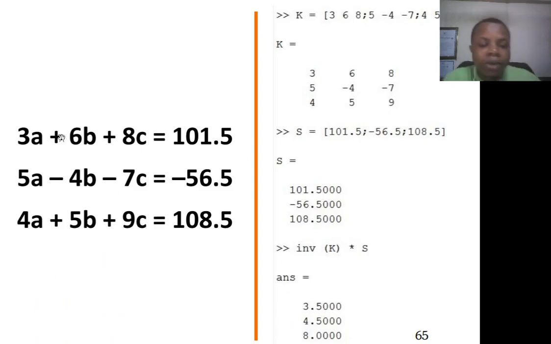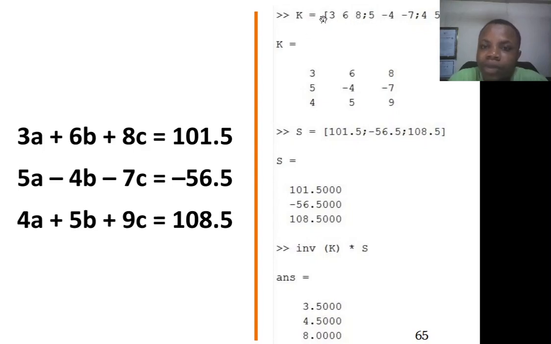Okay, so suppose that we have this matrix or system of equations. You can see that we have 3a + 6b + 8c is equal to 101.5, then the second equation and the third equation. With this, we could extract only the coefficients and place them in MATLAB, and that is exactly as we see in here.